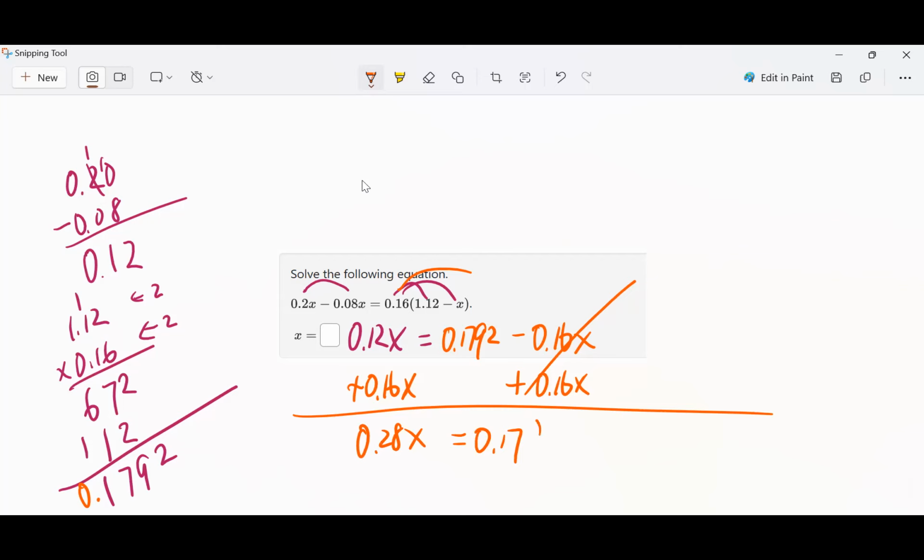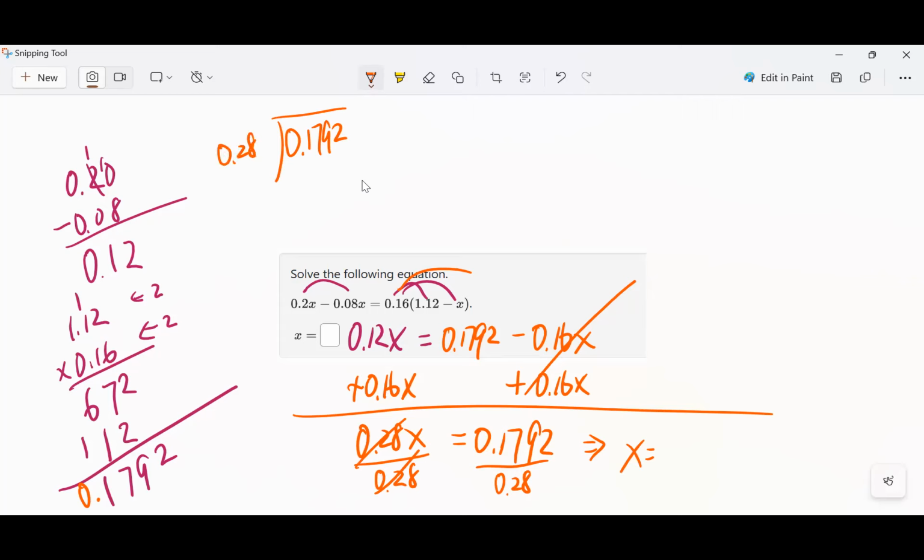0.1792. Now I'm gonna get rid of the coefficient by dividing 0.28 on both sides of the equation. So that now x is by itself. I'm gonna do the long division, right? 0.1792 over 0.28.